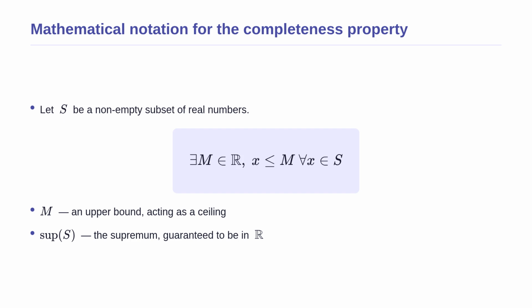The inequality tells us that every single number inside our set is less than or equal to this ceiling. If these conditions are met, the property guarantees that the supremum, the absolute tightest boundary, exists and is a valid real number. If the set grows, the supremum might shift, but it will never fall into a gap.